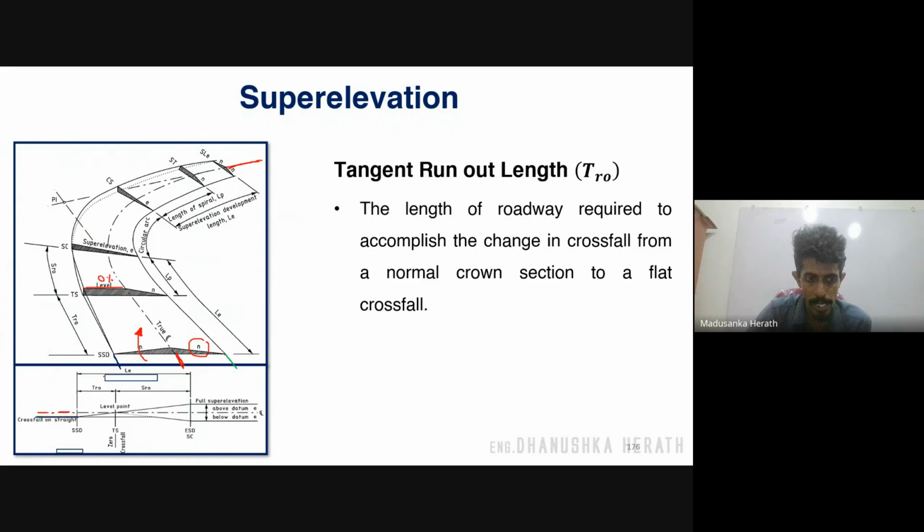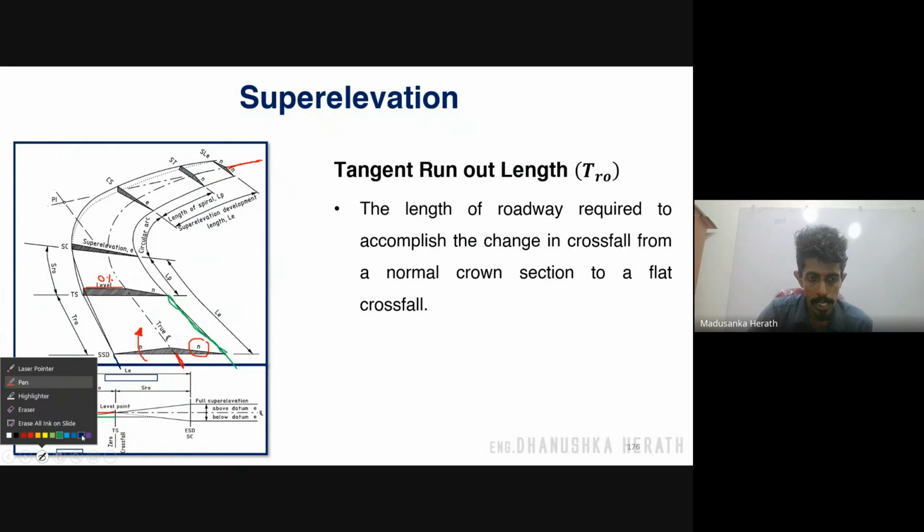So if we draw it in this diagram, the center line remains the same, and this green color edge also remains the same.